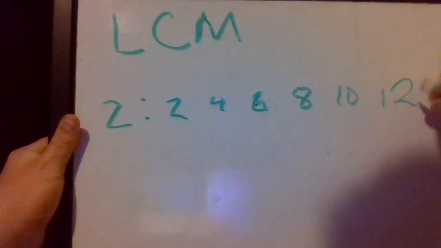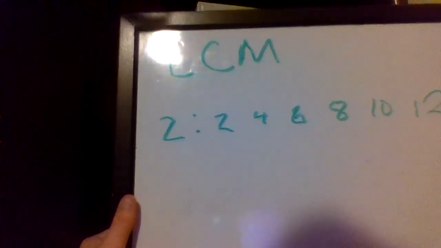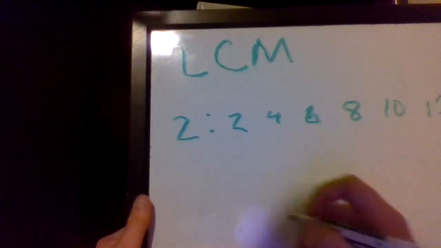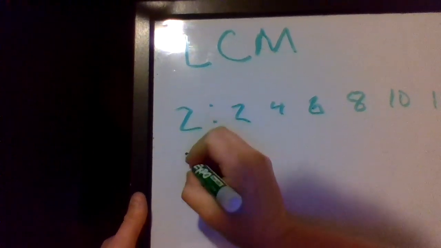We're going to stop right there for right now. But in order to find the least common multiple, common means at least two things. So we want to also do 4.